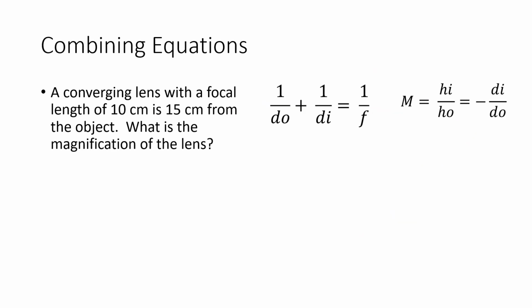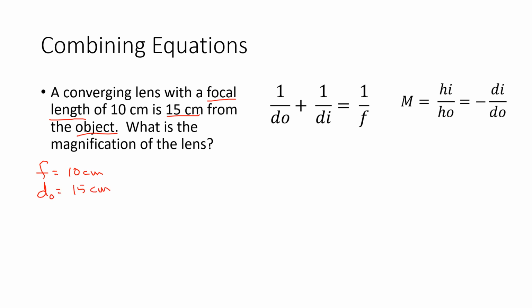Alrighty, so to finish off here, let's do a problem that involves both of the equations. So I always like the GRASS method for these things to start off with, and that's where you start with what you're given, right? So we're given the focal length, so it's F, and that equals 10 centimeters. Great. And we've got 15 centimeters between the lens and the object, so DO is 15 centimeters as well.